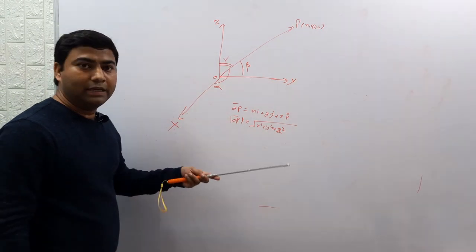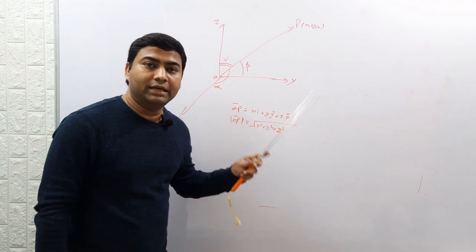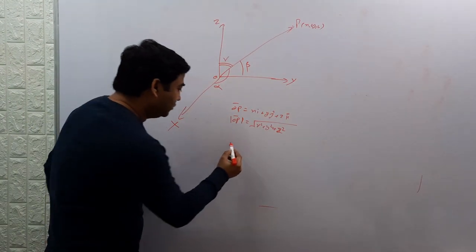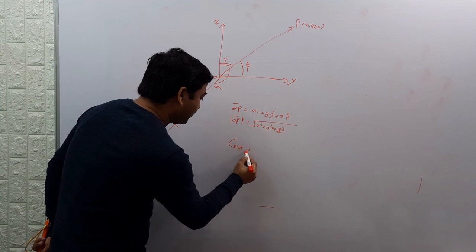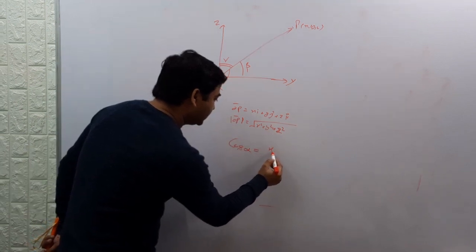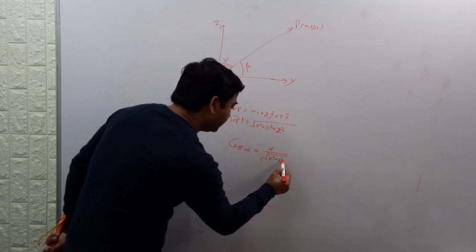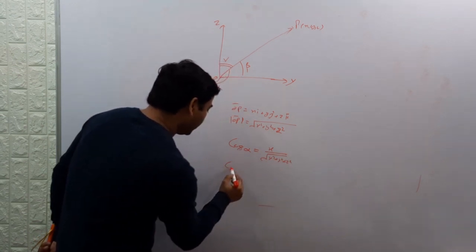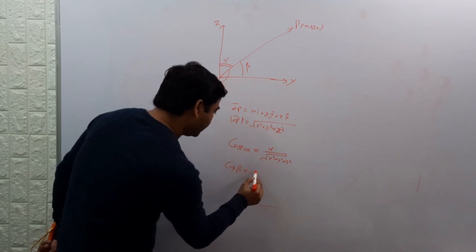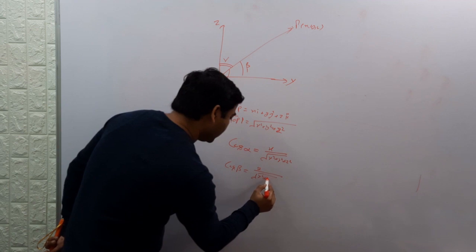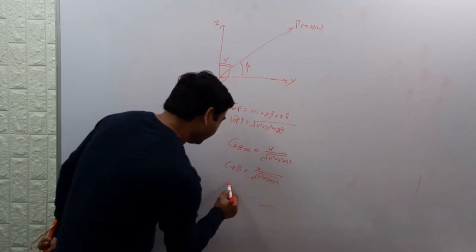As we derived the values of cos alpha and cos beta in xy coordinates earlier, cos alpha in 3 dimensions is x divided by under root x square plus y square plus z square.